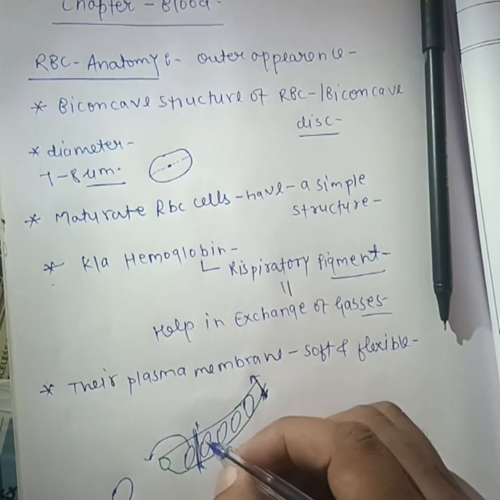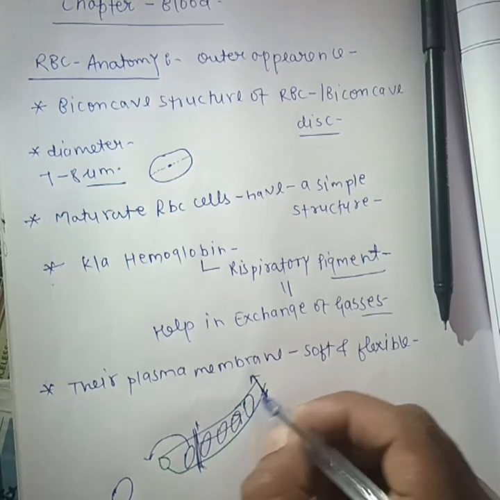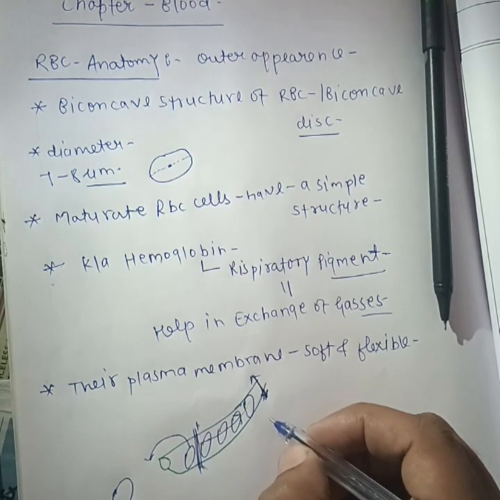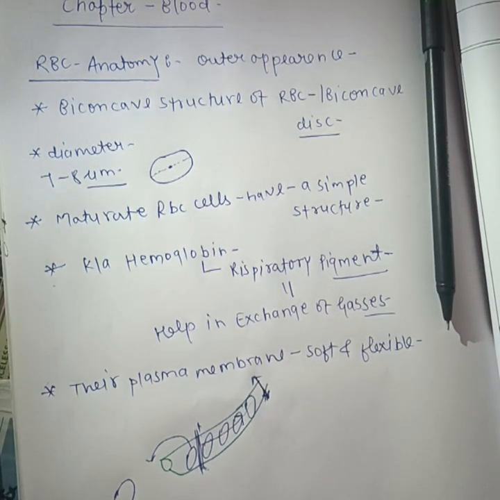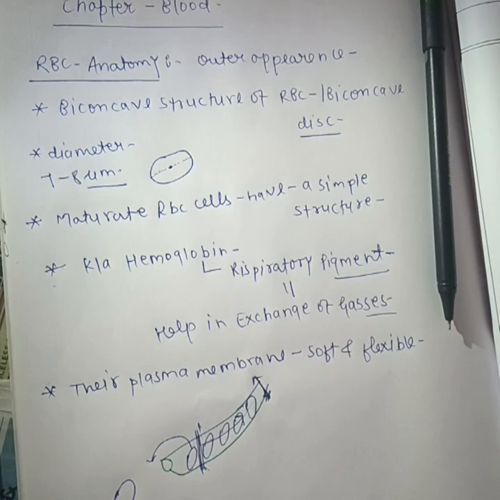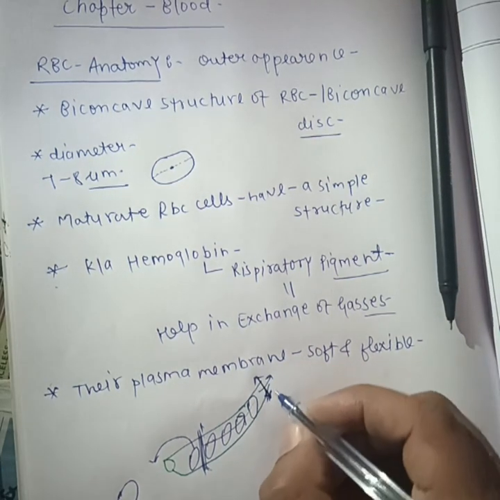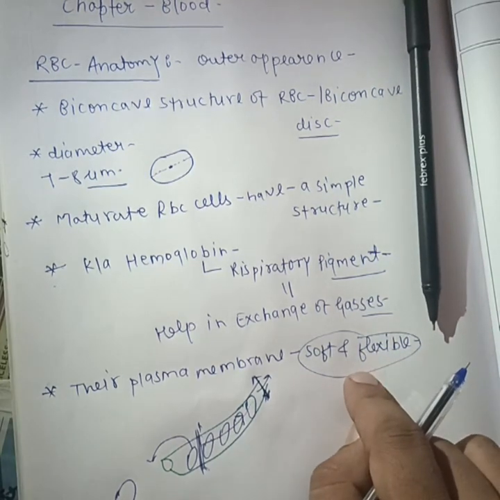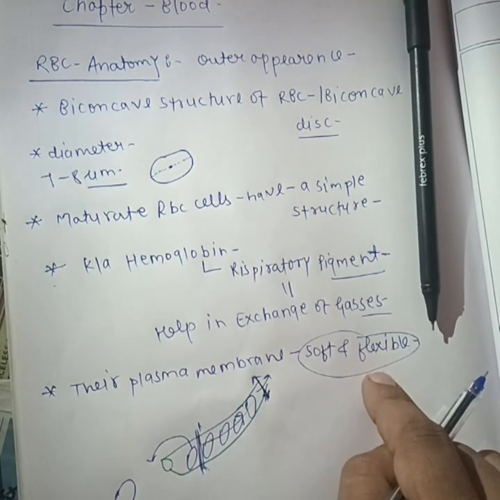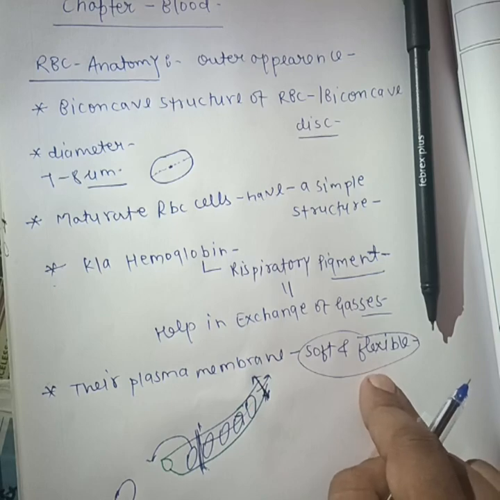So when the hemoglobin particle passes from there to there, it would be forced to rupture, but they are flexible to deform their shape and size. So they will deform themselves and pass easily through the narrow blood vessels. It is the benefit of the RBC cells being soft and flexible.